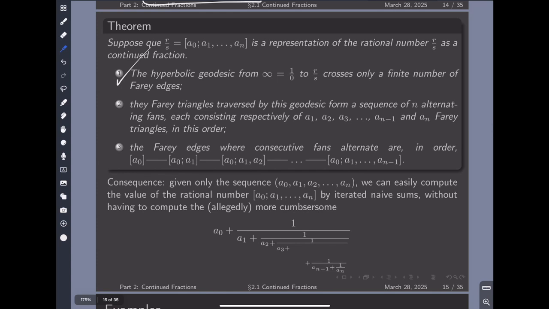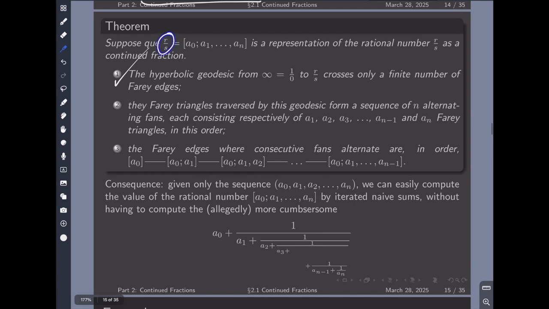Okay. So one consequence is the following. Right now we have been thinking, if you start with a rational number, you can do two things: either apply Euclid's algorithm and produce this, or you can do this hyperbolic trick and draw the strip, and then you also obtain this.